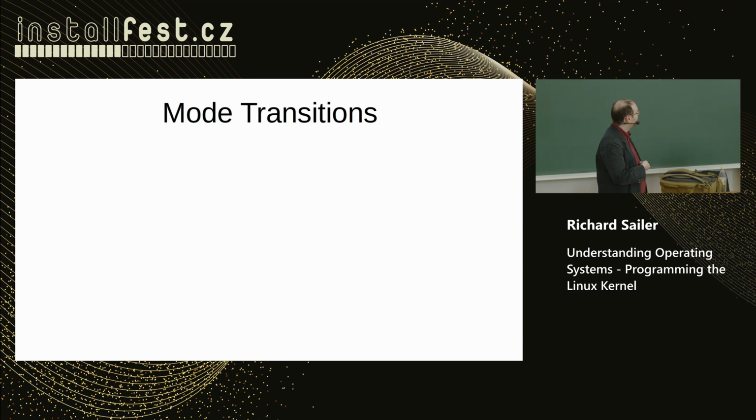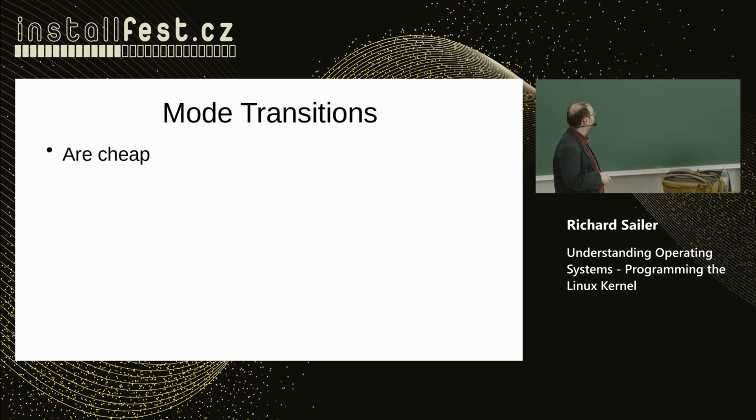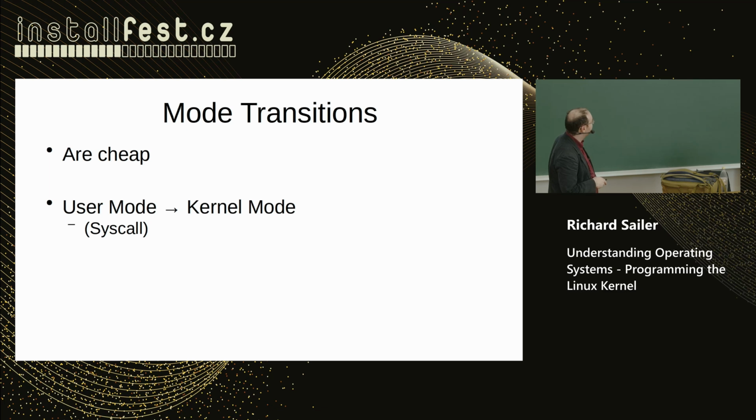So what do we have? How do we transition between these modes? There are special assembler instructions for that. They are pretty cheap, so just the moving is not that expensive. And there are system calls that just move quickly into kernel mode and return, stuff like getsockopt, to get the option of a socket, or I think gettimeofday was one, maybe also gethostname.